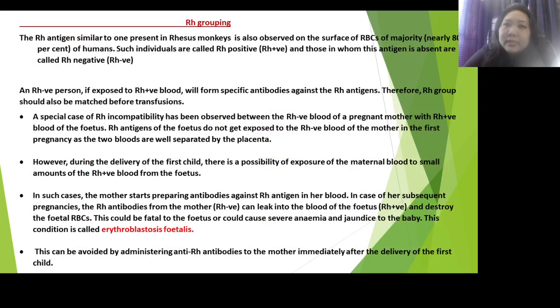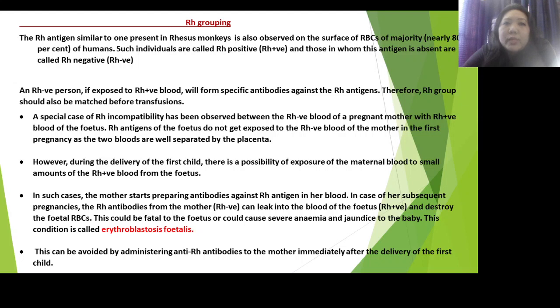Now, let us see the Rh blood grouping. The Rh antigen, similar to the one present in rhesus monkey, is also observed on the surface of RBC of the majority, that is nearly 80% of humans.